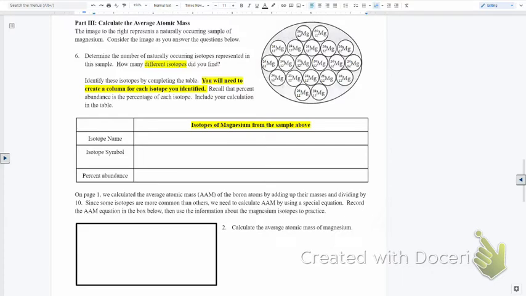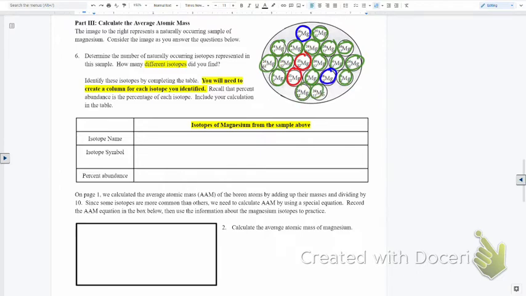So let's go through and look at the different types of atoms I have in this sample. I'm going to use a different color for each one. So I've got 26 12 and 24 12, and 24, 24, 24, 24, 24, 24, 24, ooh, 25, that's a new one. 24, 24, 24, 24, 25, 24, 26, 24, 24, 24.